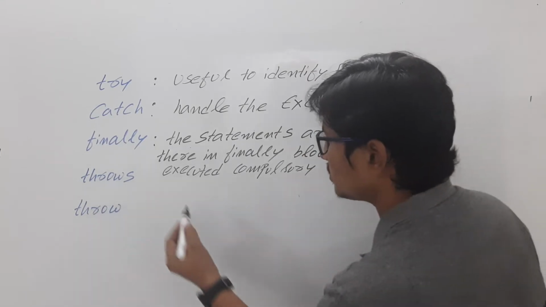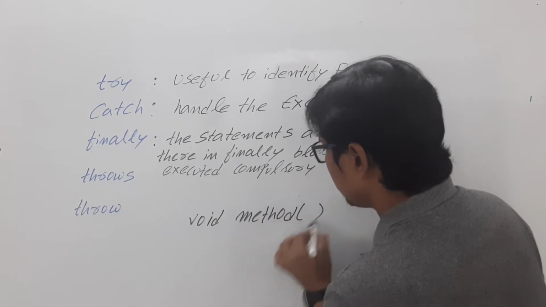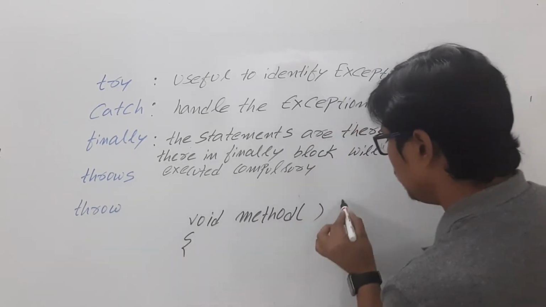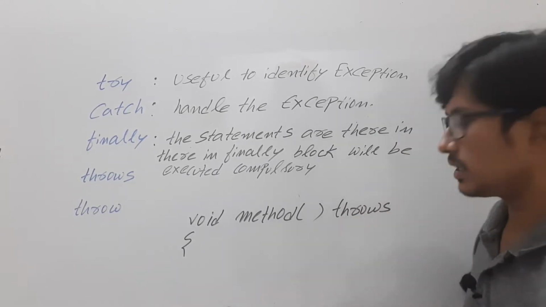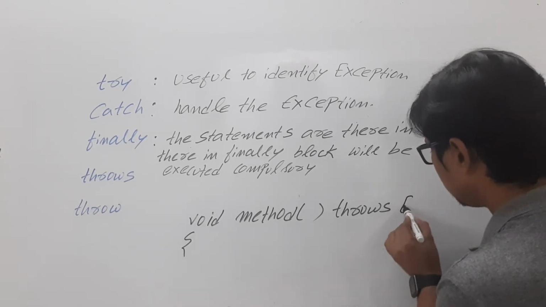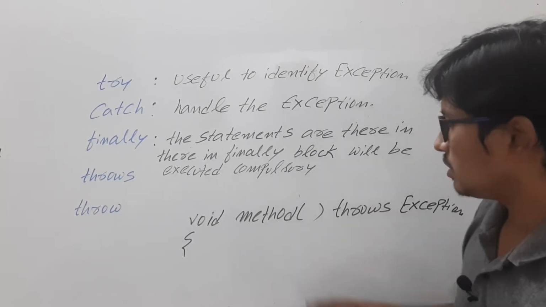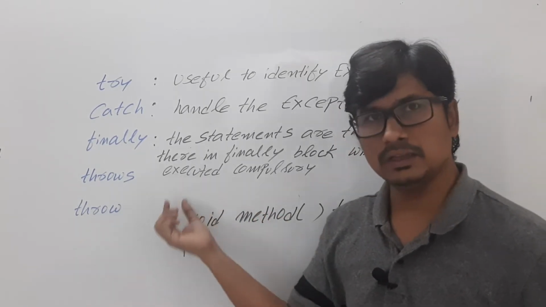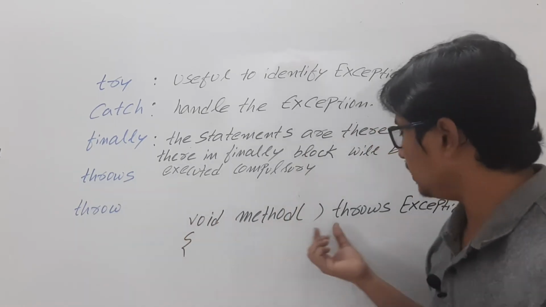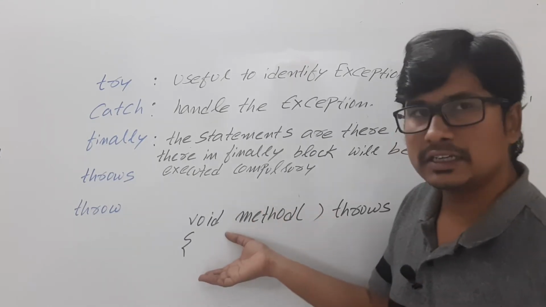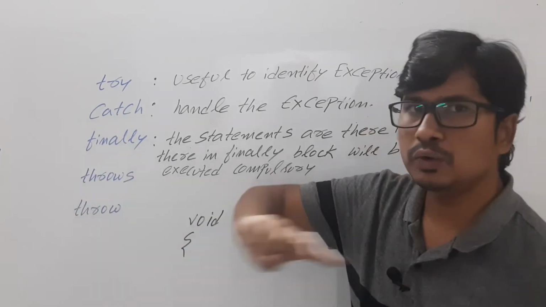You will write void, the method name, and throws: whatever exception has arisen in this method, you want to throw it. Suppose it is an IOException, you will write throws IOException. If you don't know what kind of exception, you will simply give the parent class, throws exception. Like in the input and output video, we wrote public static void main throws exception. So whatever exception is raised will be thrown, and the system will handle it. Now there are two types of exceptions.